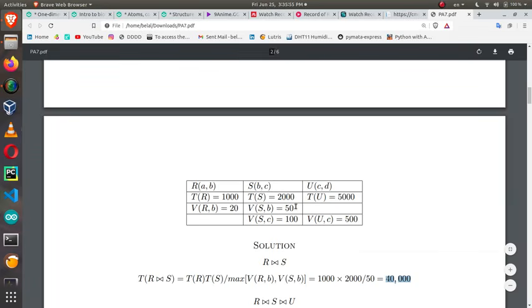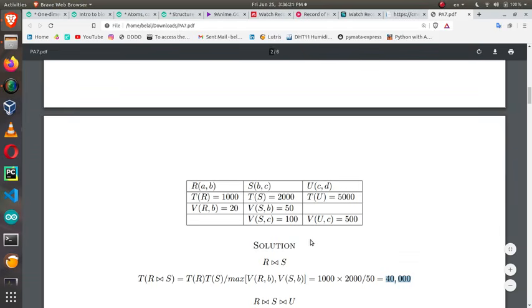Since we have just joined relation R and S, the resultant 40,000 tuples has columns A, B, and C. So we can join these 40,000 tuples with relation U based on column C as its common column.